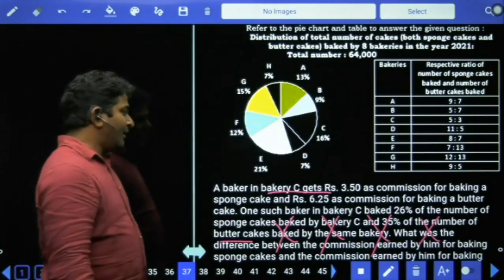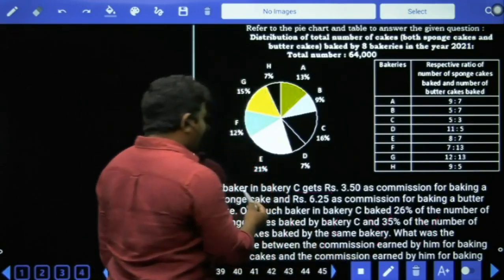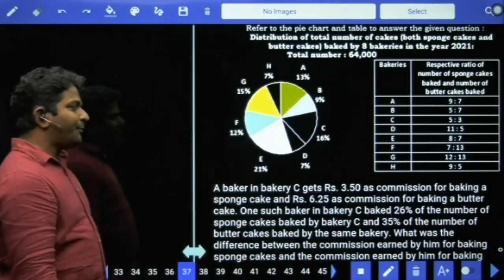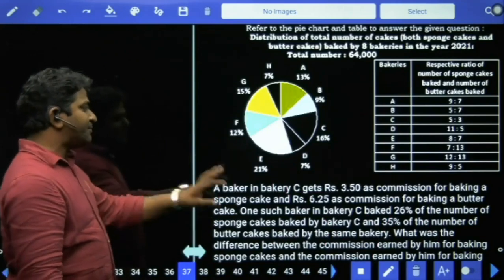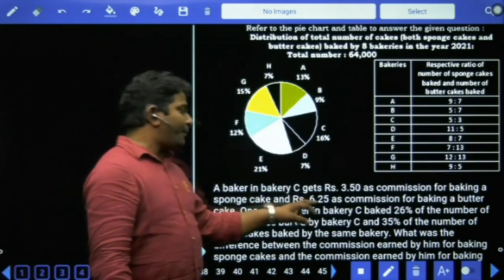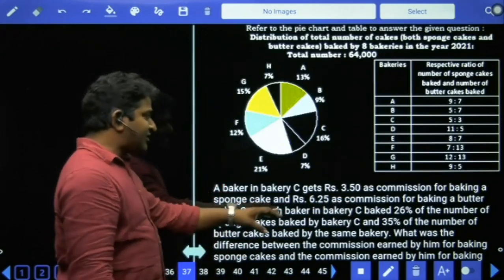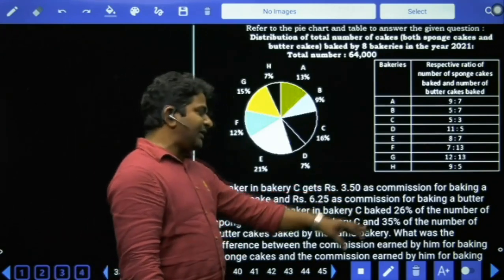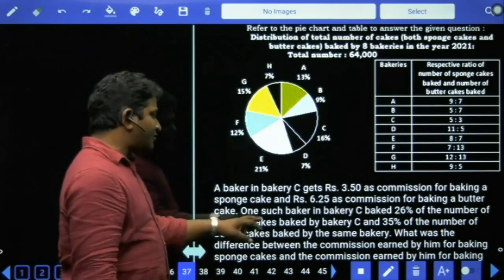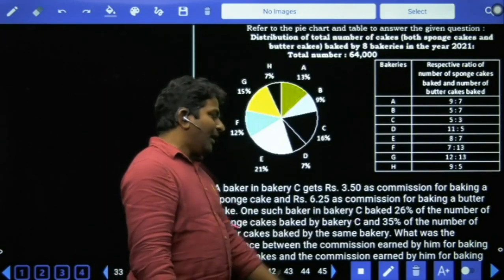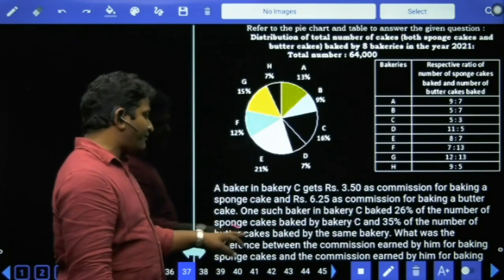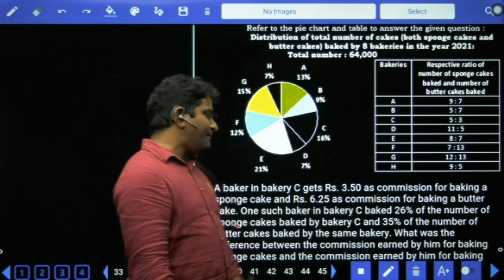Next, 37. A baker in bakery C gets 3.5 rupees commission for baking sponge cakes, 6.25 as commission for baking butter cakes. One such baker in bakery C baked 26% of number of sponge cakes baked by bakery C and 35% of number of butter cakes baked by the same bakery.